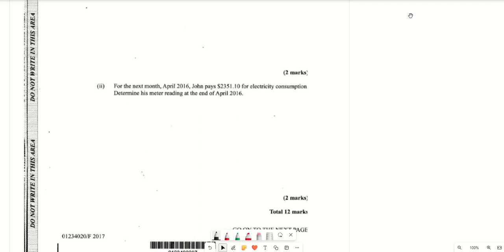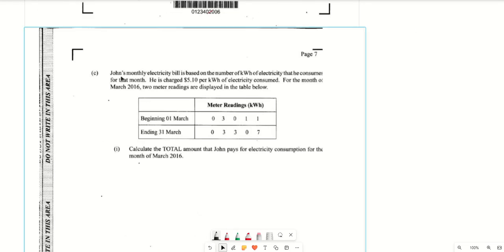John's monthly electricity bill is based on the number of kilowatts per hour of electricity that he consumes for that month. He is charged $5 per kilowatt per hour.